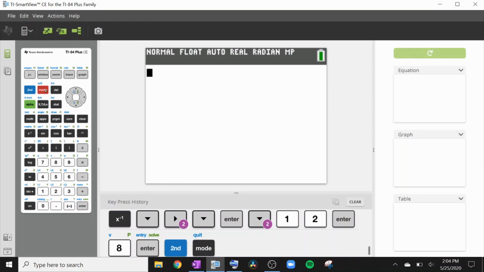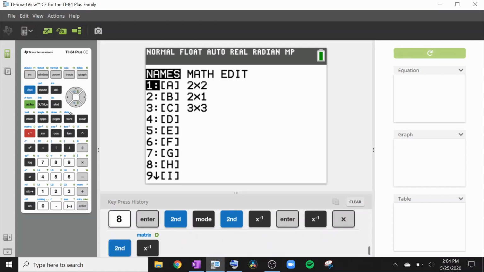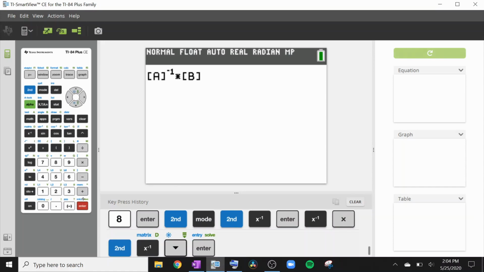So now the solution for this system of equations is going to be matrix A, inverse button, times matrix B. And that's our answer. -2, -7.